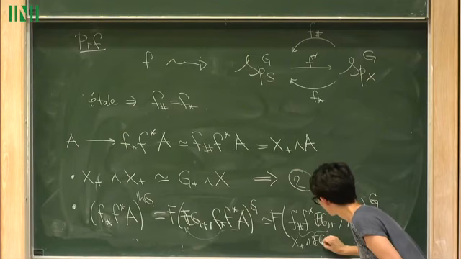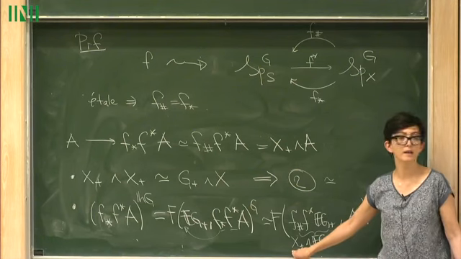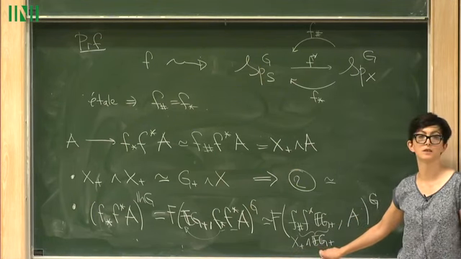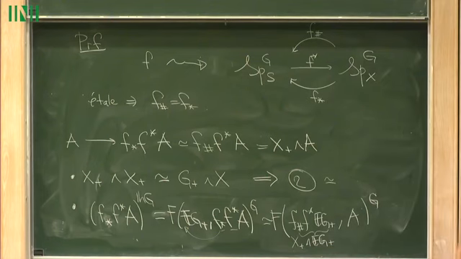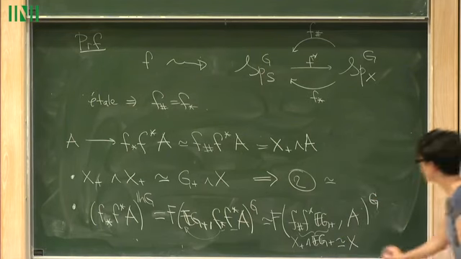So what is this? This is a free G thing, and I'm smashing it with EG. What does EG do? It frees things up. This was already free, so that's equivalent to X plus.